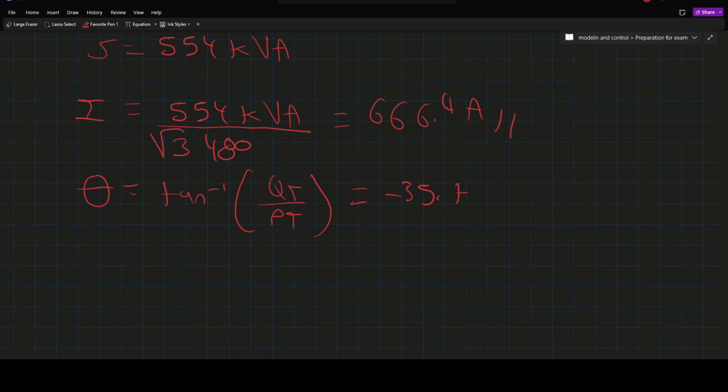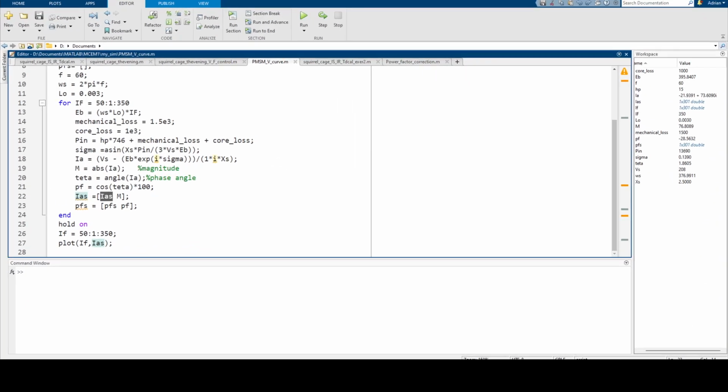Now let's do the other case. Case 2, load 3, power factor leading. We know that we can change this by increasing the field current. So for this, I just made it in MATLAB, so I don't have to do all the calculations again.